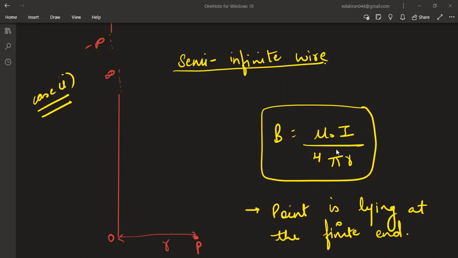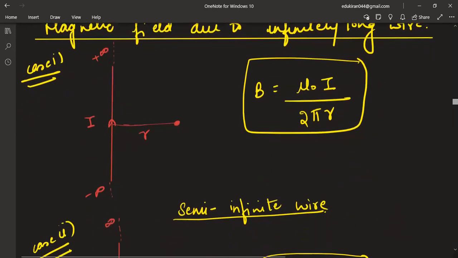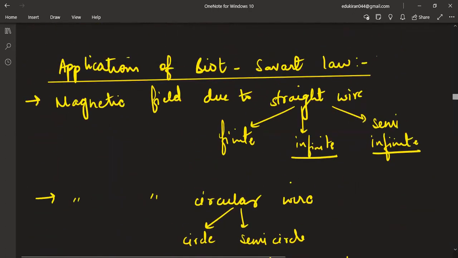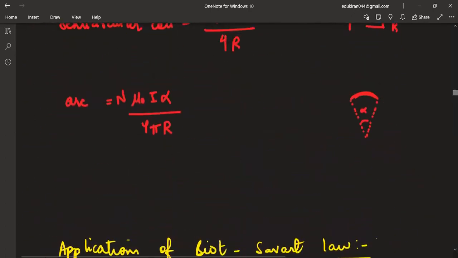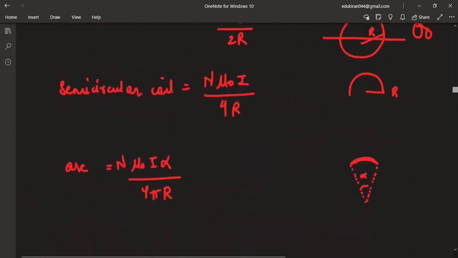I think I haven't written it over here. See, you have to remember this for infinite also, and finite. I'll write it here.